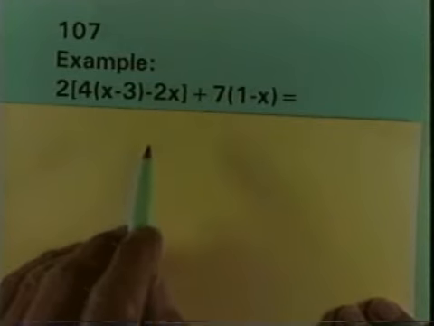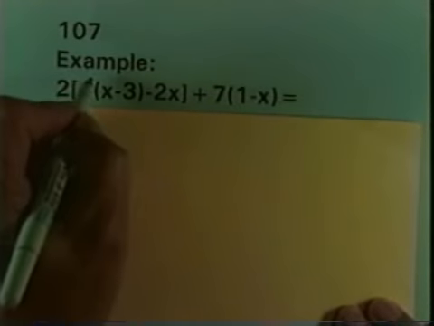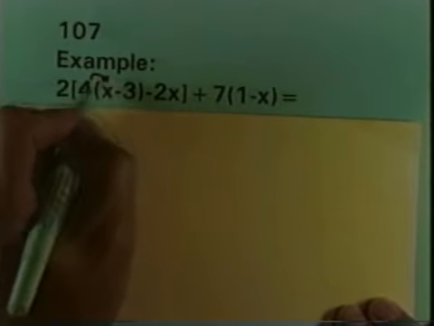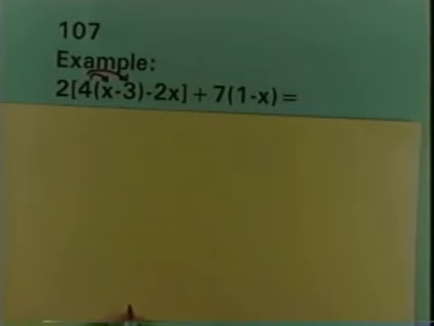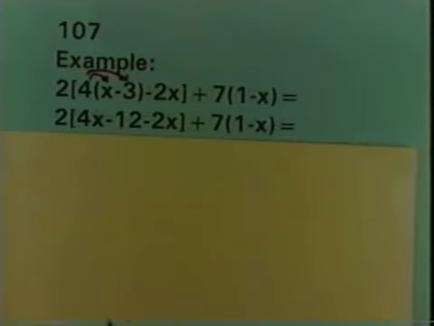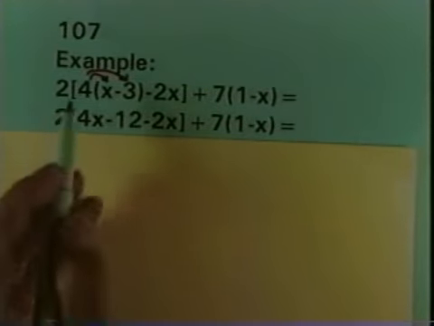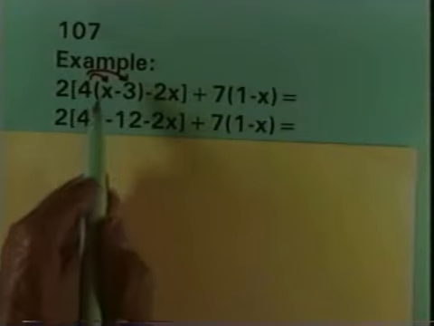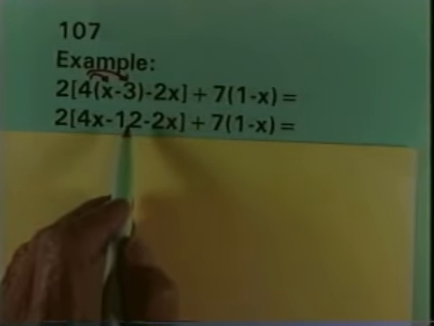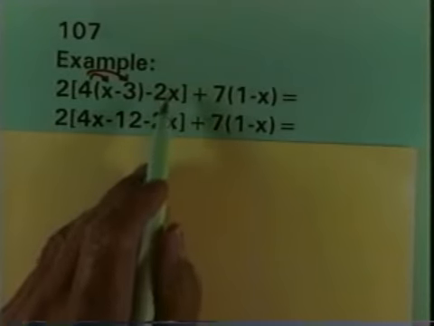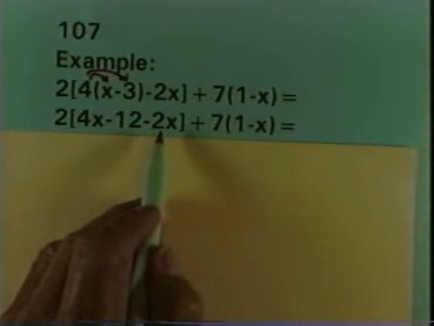I do multiplication before I do subtraction. So I can distribute the 4 times the x and the 4 times the negative 3. I'm going to copy everything else exactly the same. So just bring down the 2. When I multiply 4 times x, I get 4x. 4 times the negative 3 is negative 12. I simply bring down the negative 2x.